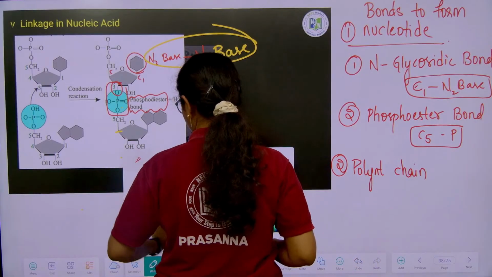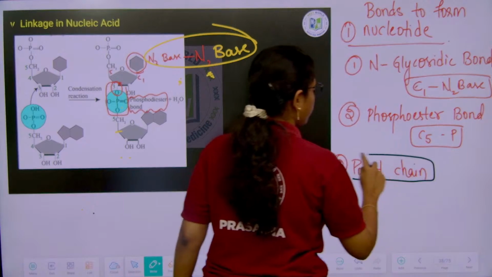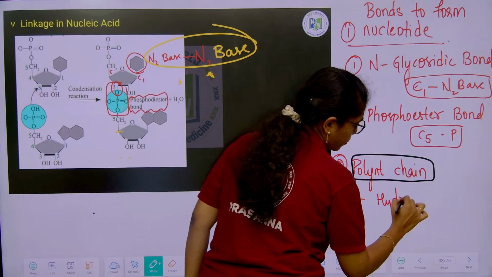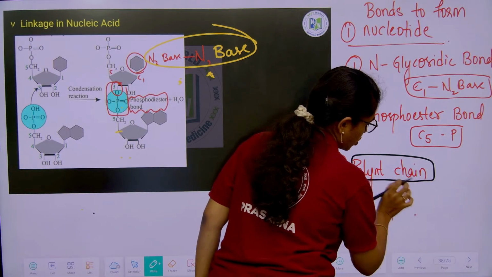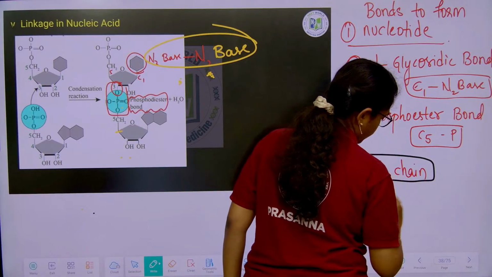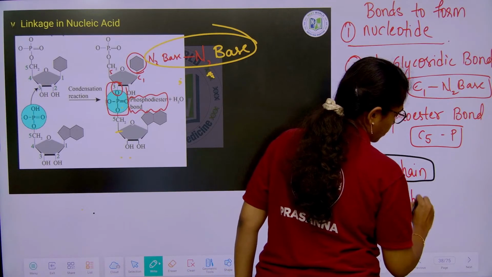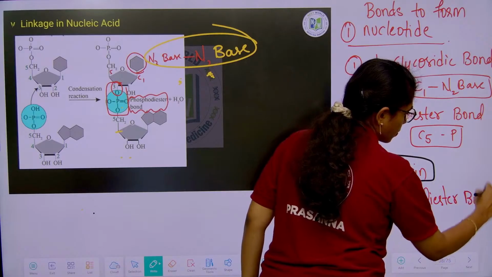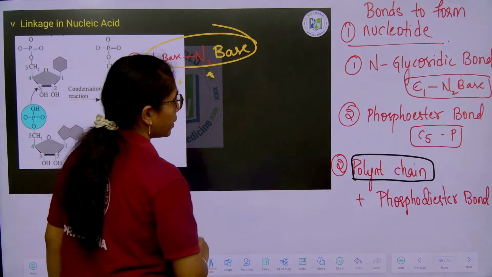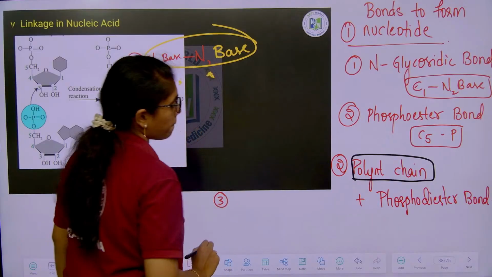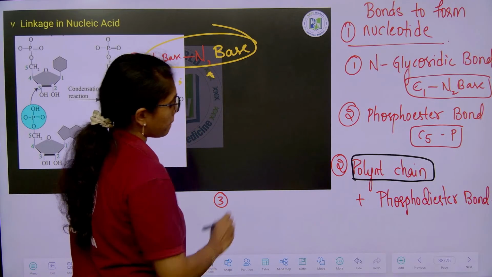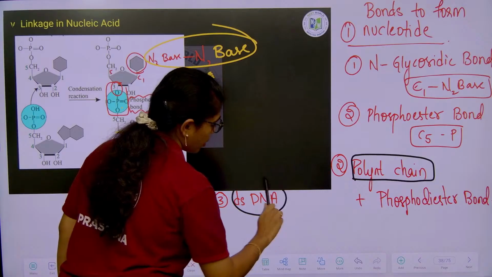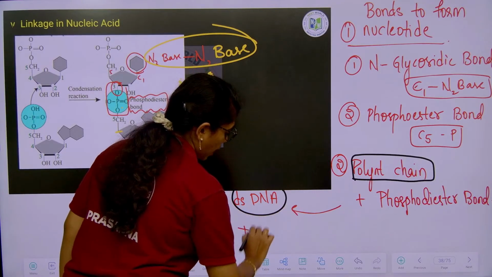In shortcut I have written. Along with this, which bond is there? Hydrogen bond. Sorry, phosphodiester bond. And third, double stranded DNA. How many bonds are included? Along with this, hydrogen bond is involved.